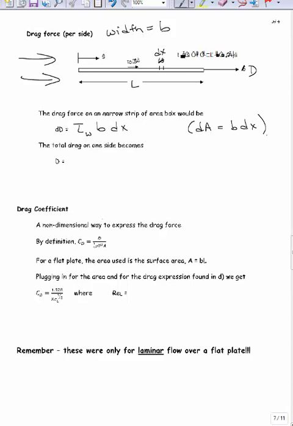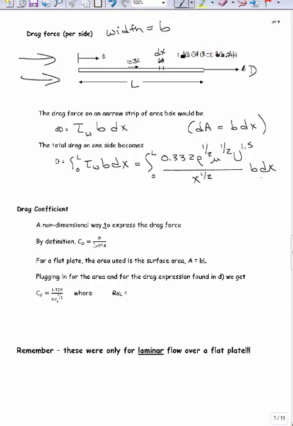So the total drag on the side, you've got to just integrate from 0 to L, tau wall, b dx. Well, we had an equation for tau at the wall for laminar flow: 0.332, rho to the 1/2, mu to the 1/2, and those are just constants, U to the 1.5, also a constant, over x to the 1/2, b dx.